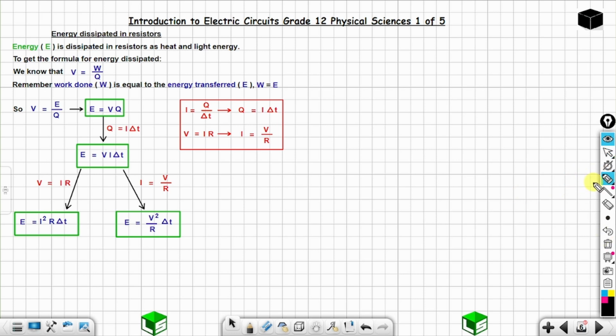So you have energy is equal to the voltage. Now, in place of current, you have voltage over resistance, okay, times change in time.